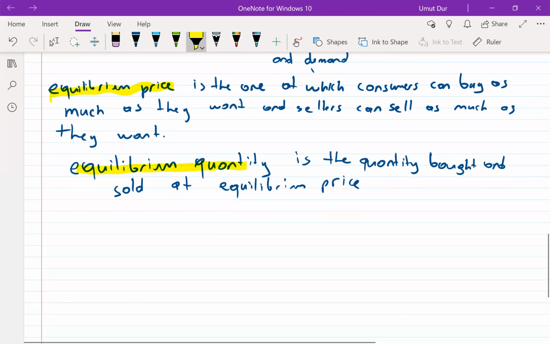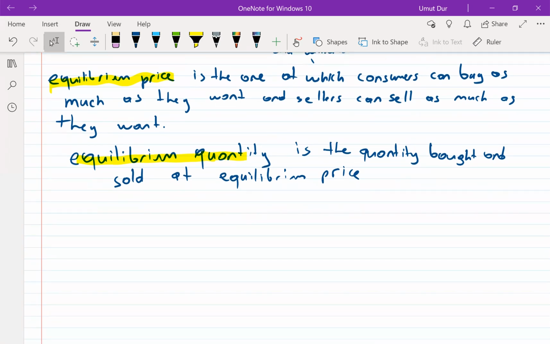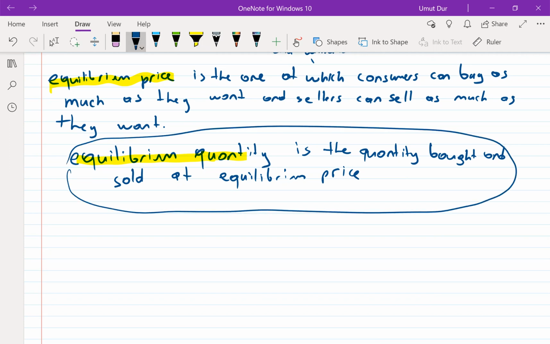These concepts are very simple, and I'm sure you have already learned them in your introductory courses. Here, the equilibrium price and the equilibrium quantity. If we look at the equilibrium quantity definition, it tells that the quantity bought and sold at the equilibrium price are equal.